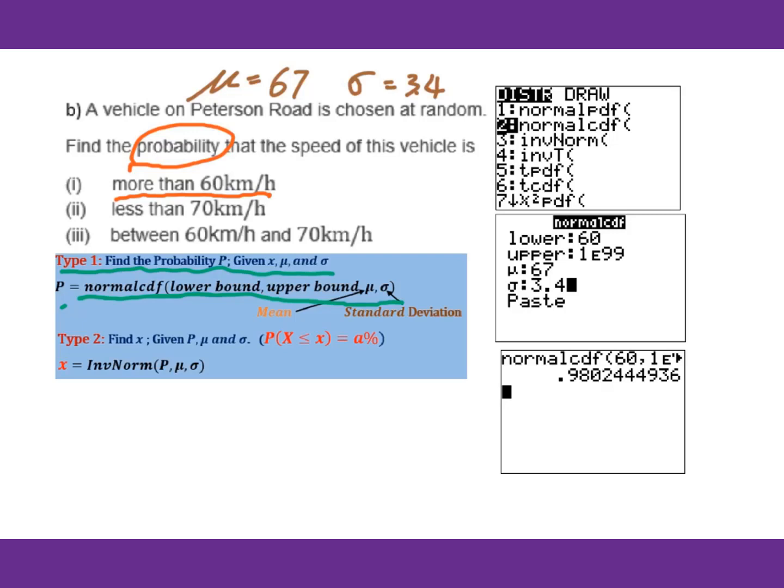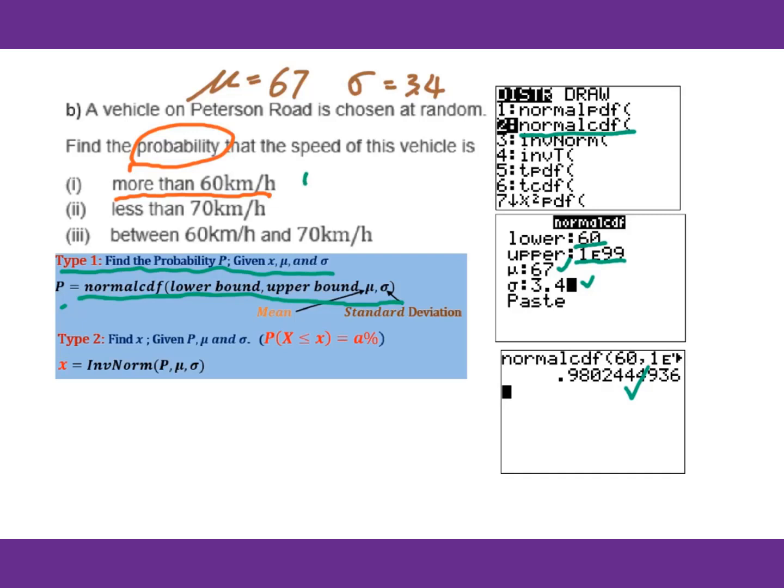So we go to distribution, then go to normal CDF, and put the lower one as 60. For the upper one, you can put a huge number. Normally I put 1E99. Then the mean is 67, standard deviation is 3.4. Then press enter, you will get this.